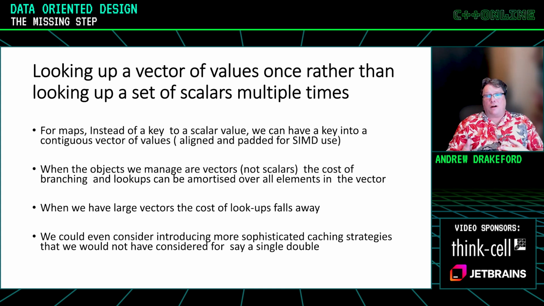When we manage objects that are vectors, not scalars, the cost of branching is amortized over the whole size of the vector. So it kind of falls away, and the branching costs in some applications just vanish. I've seen this myself, and it's really rather nice. Sometimes you might even consider more sophisticated caching strategies, because you're applying the cost of the caching strategy to a vector of, say, doubles rather than to a single item.